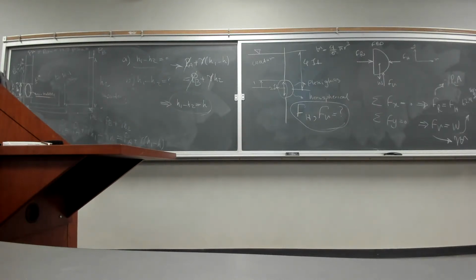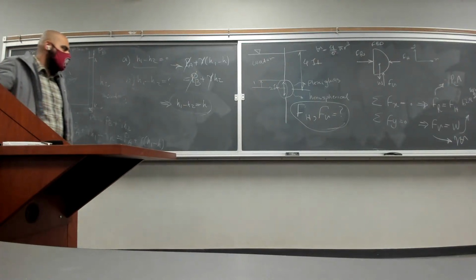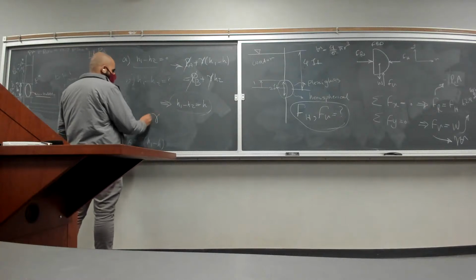That's gamma of water in English units, in British units. I will always give it to you in an exam, but it is not a bad idea to just memorize that. Can anyone tell me what is the gamma of water in SI?